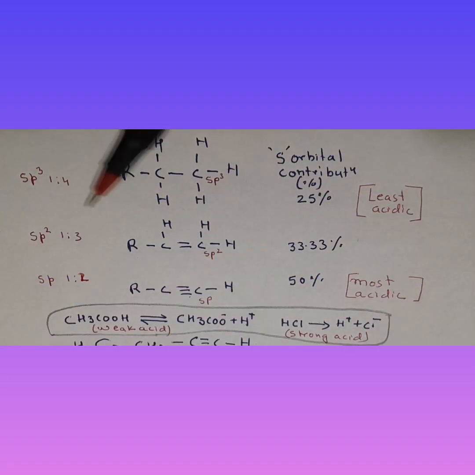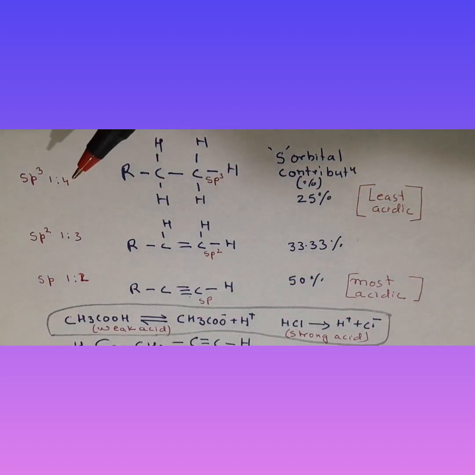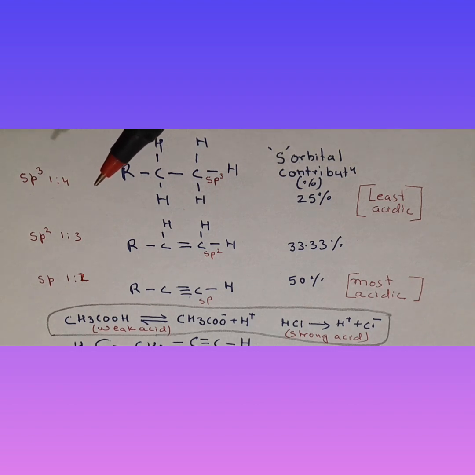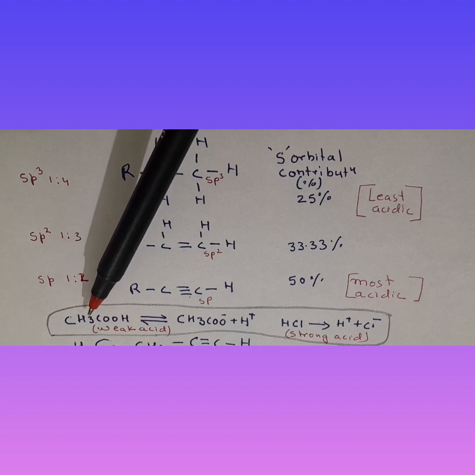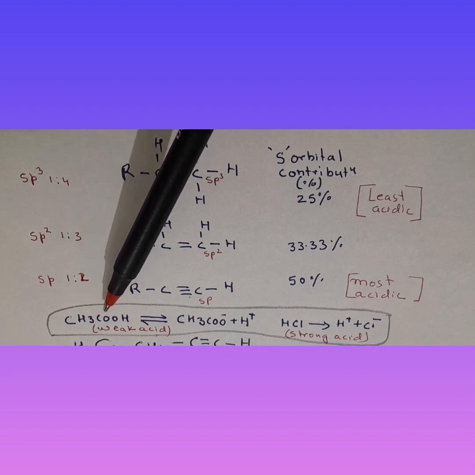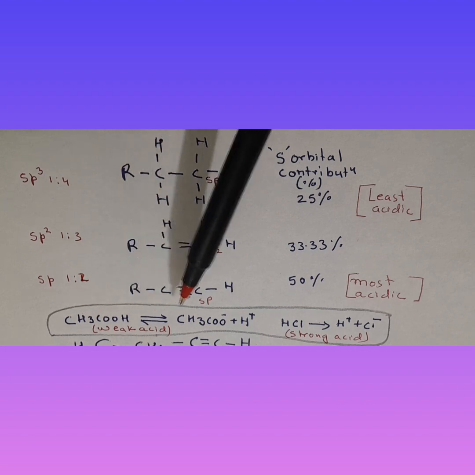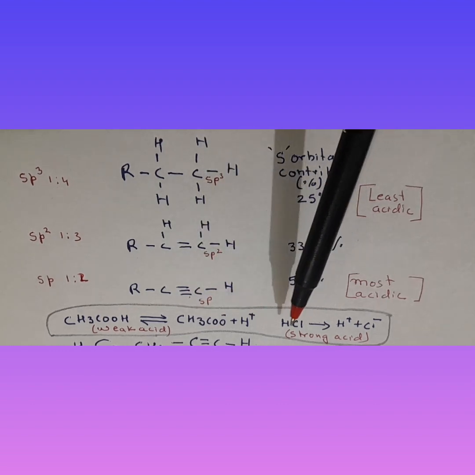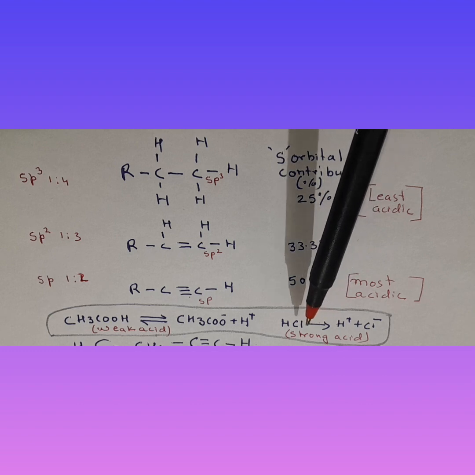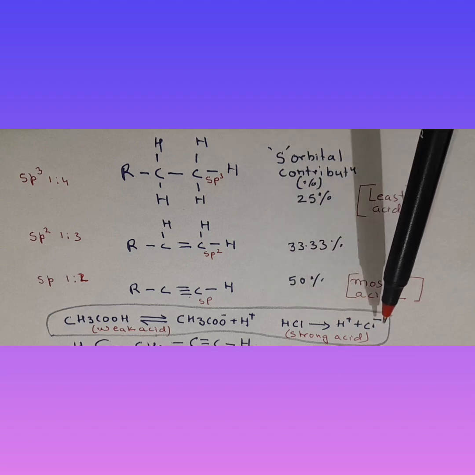Fine. Now let's understand the effect of hybridization on acidity of a molecule. Prior to getting into it, we have to understand what acidity actually means. This is acetic acid, which dissociates into acetate ion and H plus ion. This is hydrochloric acid, which dissociates into H plus and Cl minus.